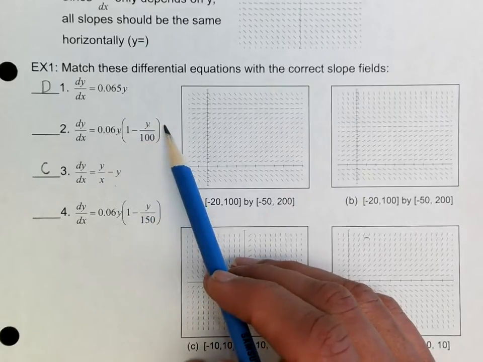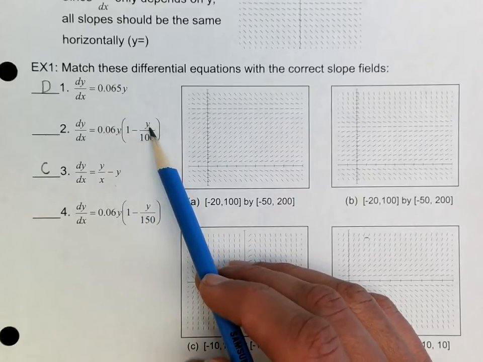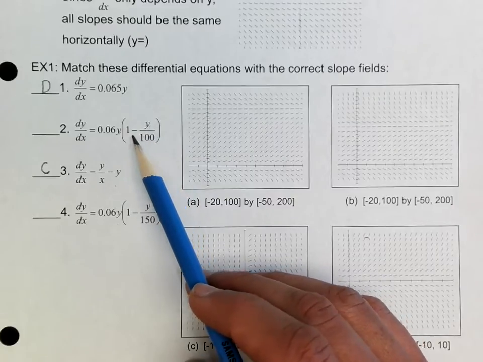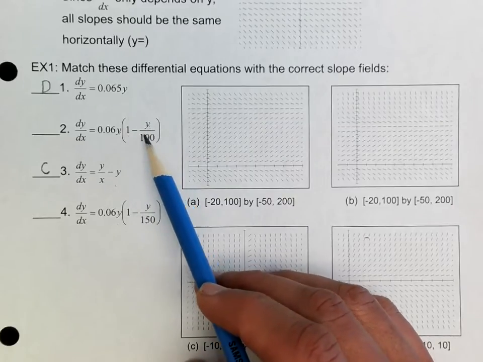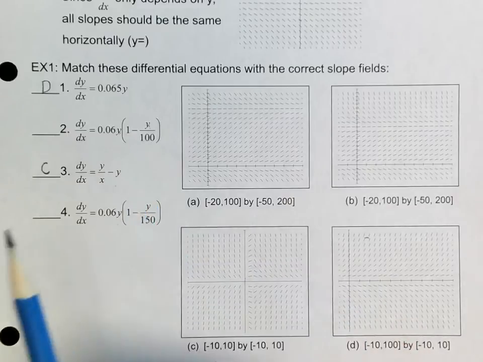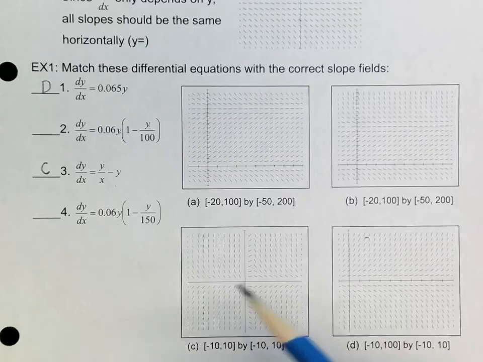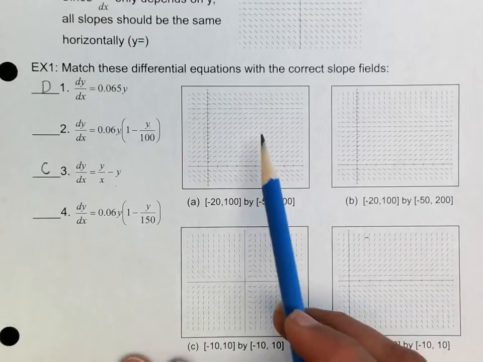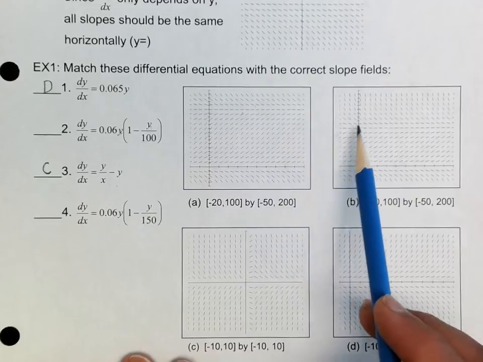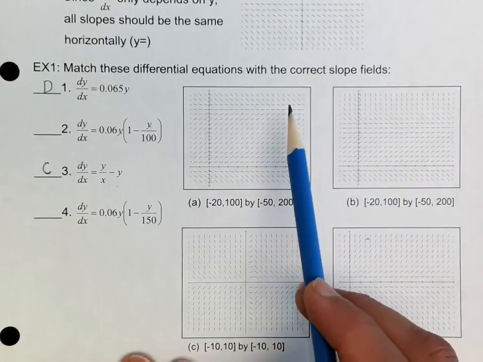If I plug in 100 for y, I would have 100 over 100, which is 1, and 1 minus 1 is 0. So you're going to have horizontal slopes both at the y equals 0 line and at y equals 100. And you have both of these right here, with these little horizontal slopes.